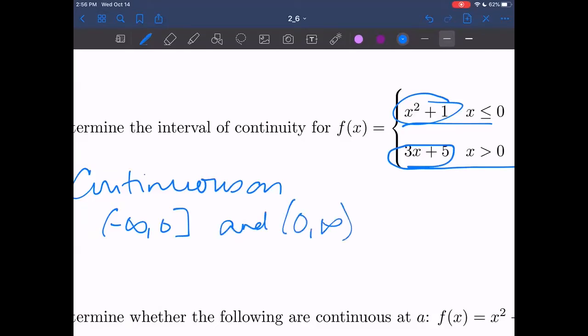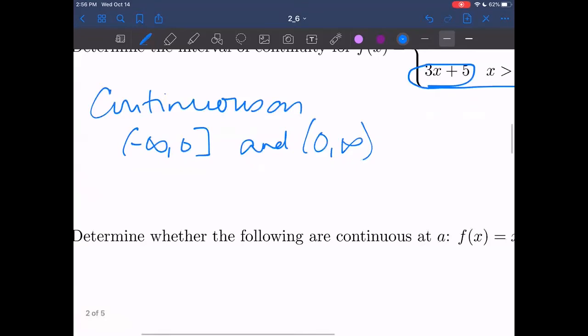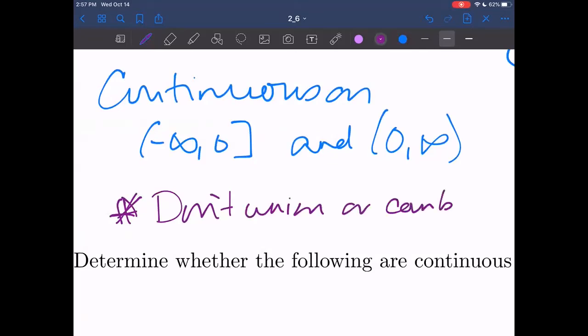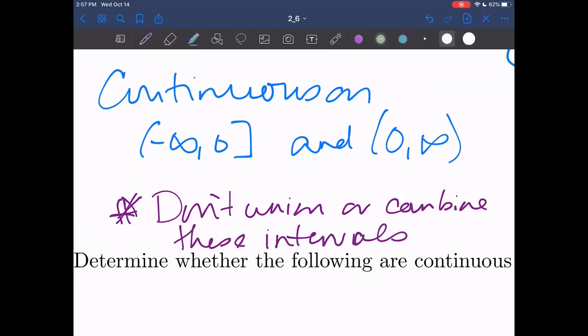Okay, so we stick an and in here, but you don't union or combine these intervals. If I can say nothing else about this, do not combine them or try to union them in any way.